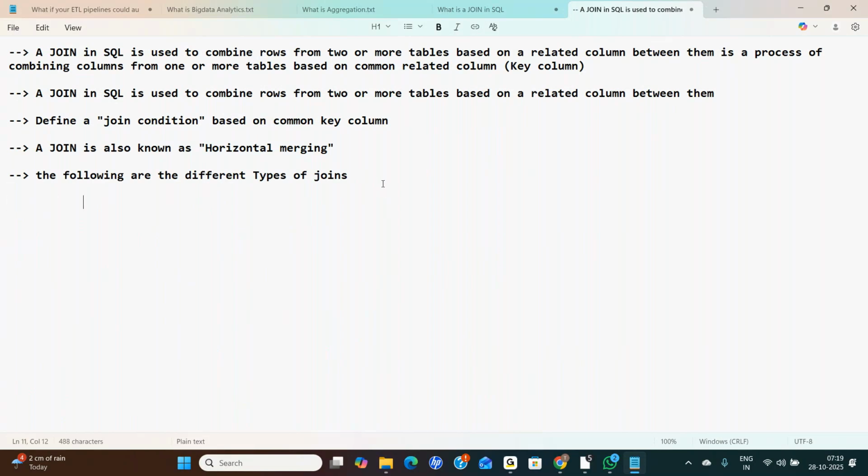The first one is known as inner join. The other one is left outer join, the third one is right outer join, and the fourth one is full outer join.